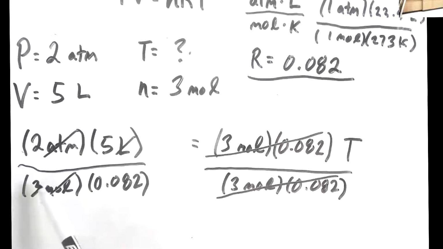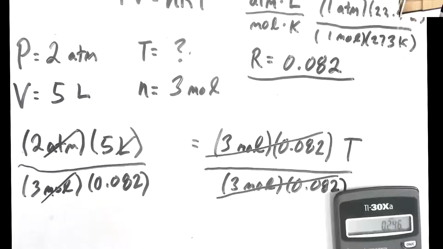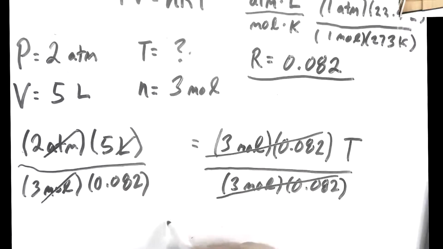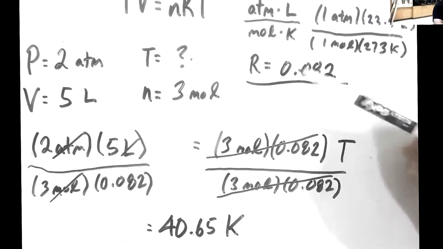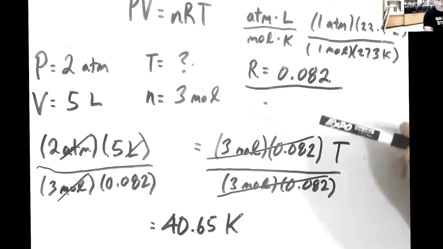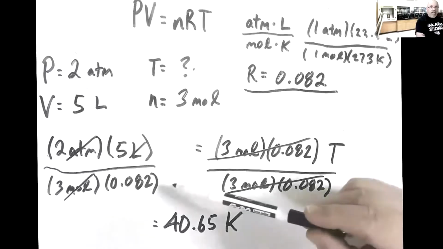So this just becomes 2 times 5 is 10 divided by 3 times 0.082. Get done with that, I have 40.65 Kelvin.